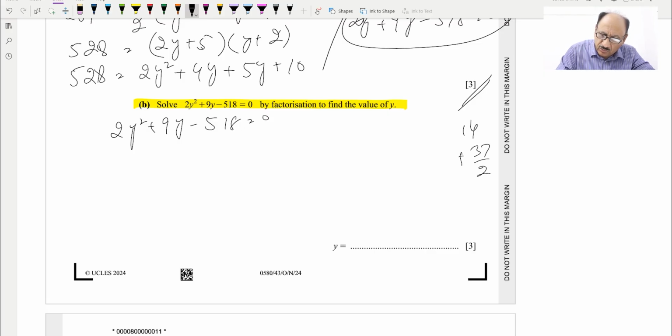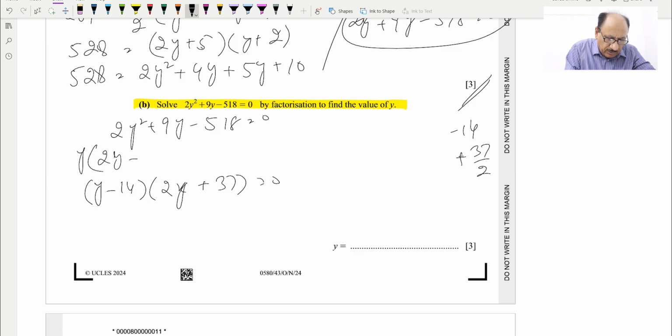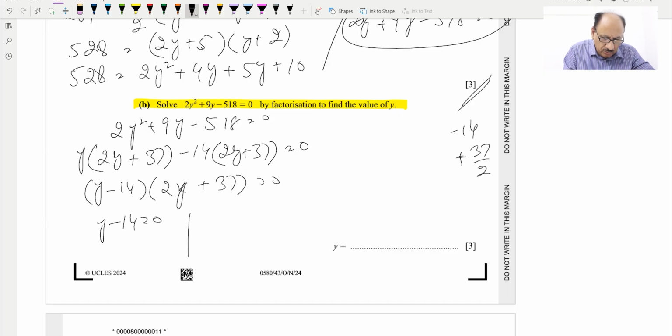We will be changing sign, so this will be plus, this will be minus, so y minus 14 and 2y plus 37 is equal to 0. Intermediate step: y into 2y, and plus 37, and minus 14, and 2y plus 37 equal to 0. Now we can write y minus 14 equal to 0 or 2y plus 37 equal to 0.